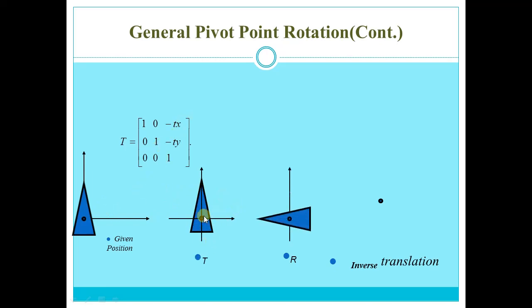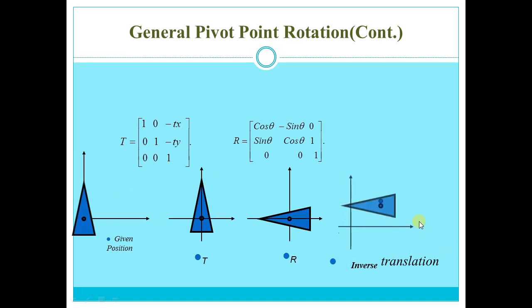Then rotate this triangle about this point by some given angle. Then you will use the rotation matrix, because we know the rotation matrix about the origin. Again, you have to use inverse translation, because you want to rotate this triangle about its first given position. So you have to use inverse translation.